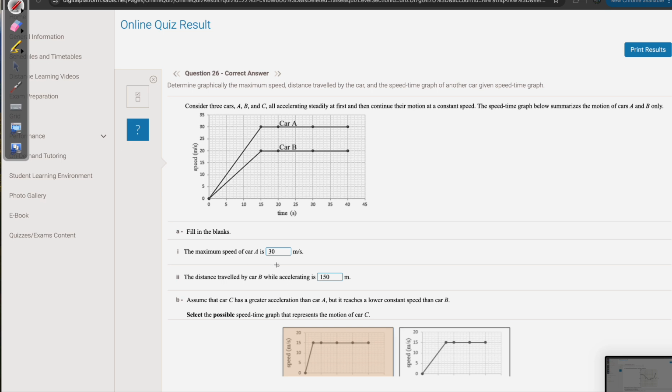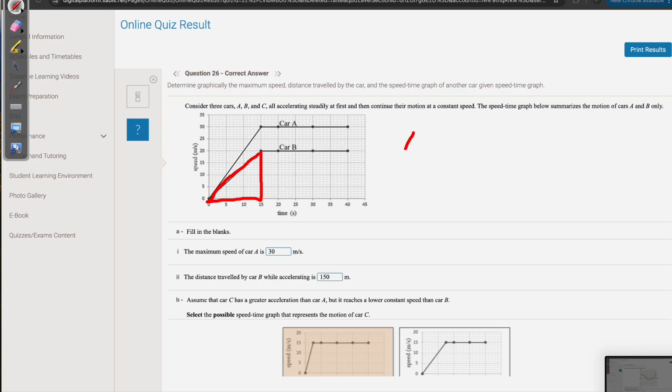Now, to find the maximum speed of car A, we'll just find the highest speed of car A, which is 30. And now to find the distance of car B while accelerating, which is this part, there is an easy way to do it. We can simply use the area under the graph, which is a triangle in this case.